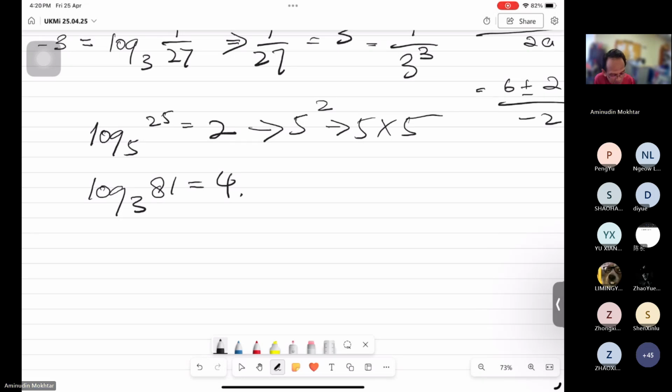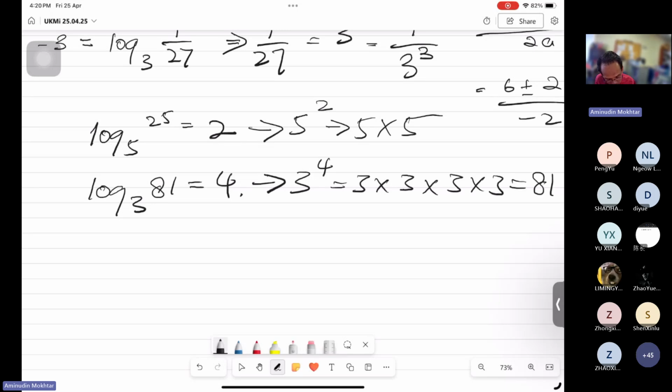In other words, take log with base 3 of 81. We can ask what power we have to raise 3 to in order to get 81. The answer is 4, so this is 3 to the power of 4, which is 3 times 3 times 3 times 3 equals 81.